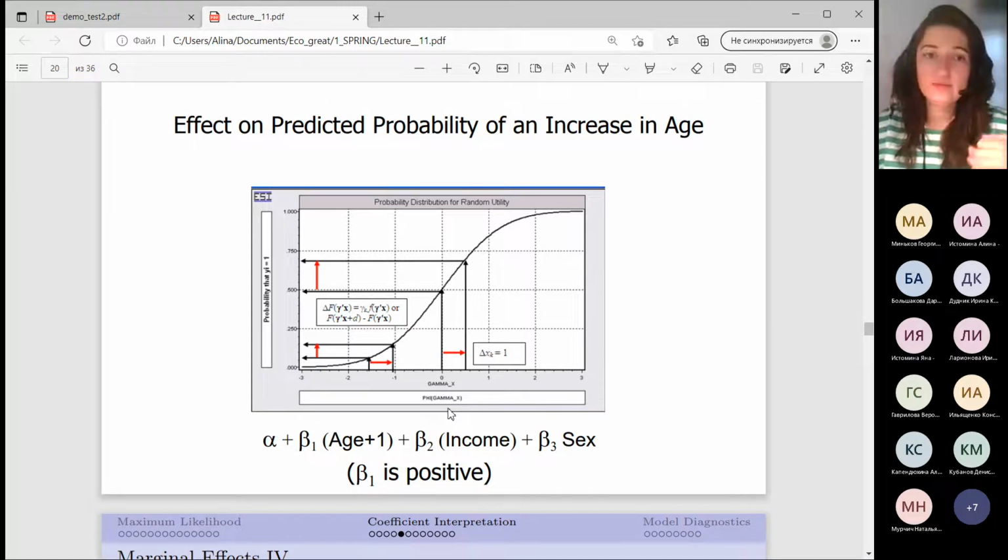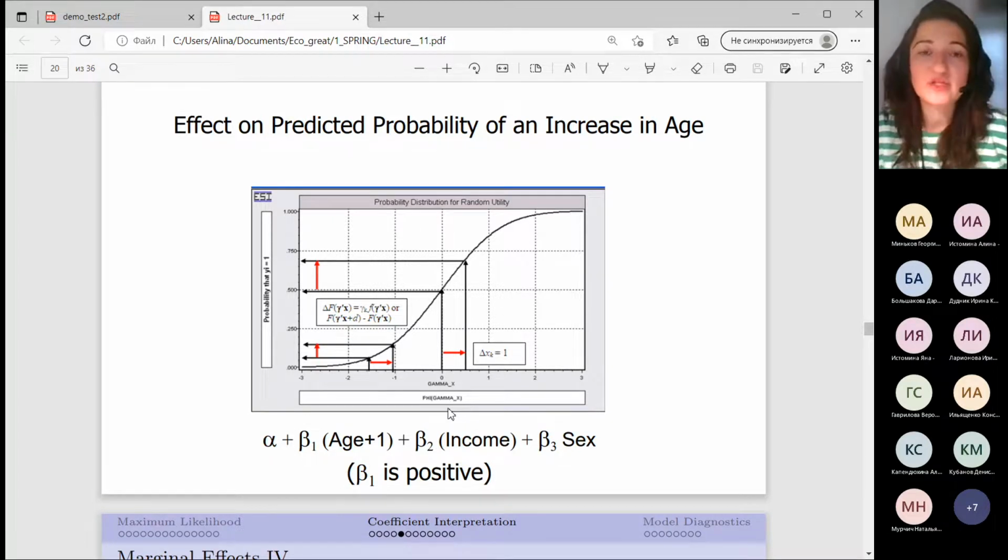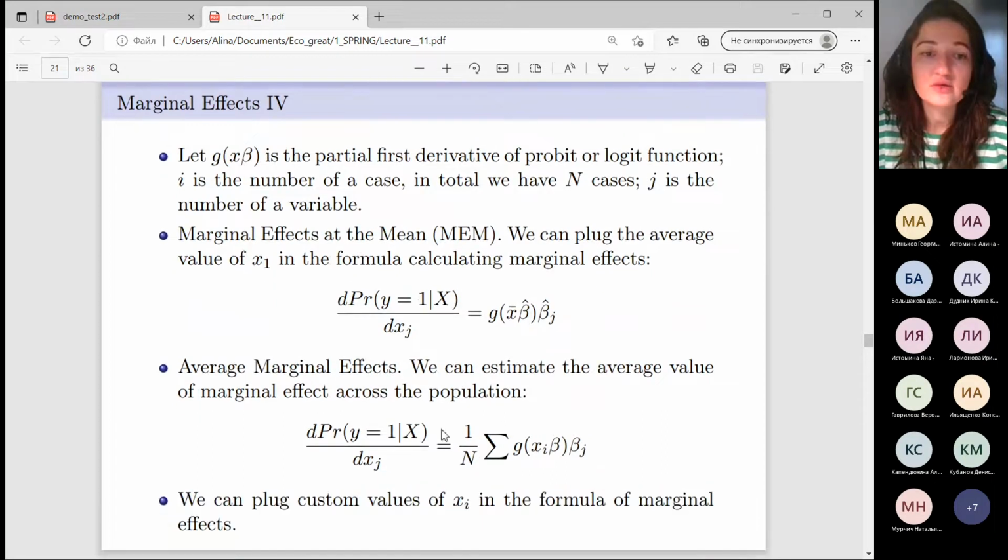Next step, if you want to interpret the values of the effect of each factor on your probability, on your dependent variable, what you need to do is just apply the command margins and specify which type of margins. So, generally speaking, we have three options. The first option is that we can calculate the marginal effects at the mean values.